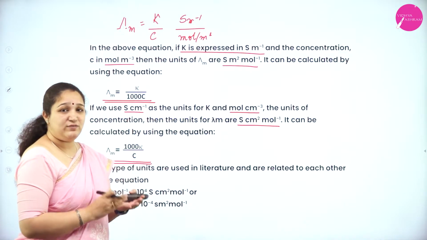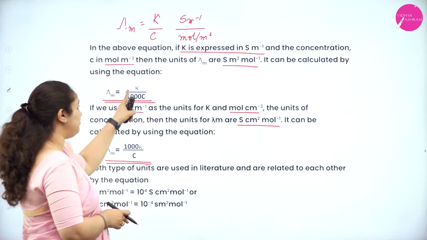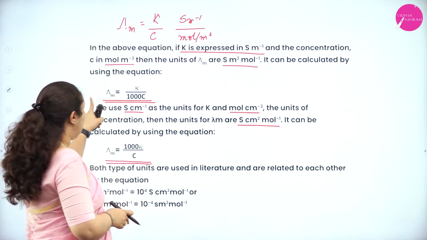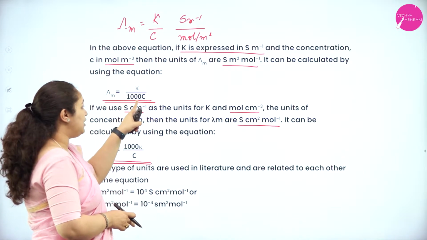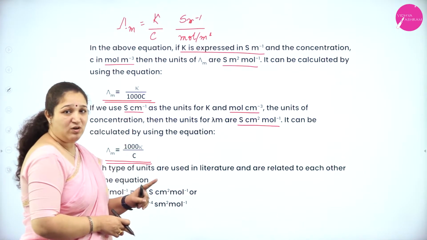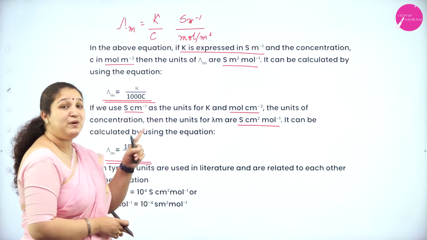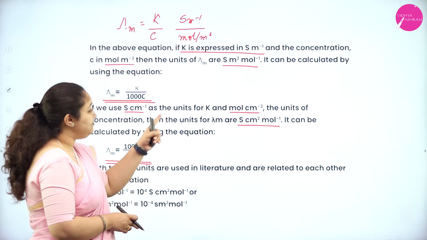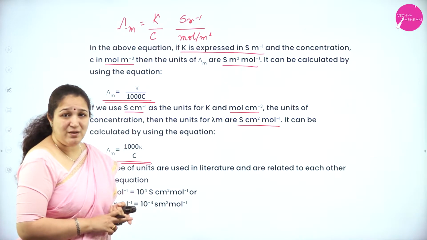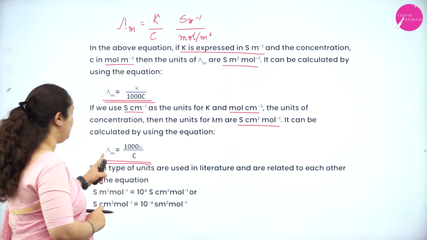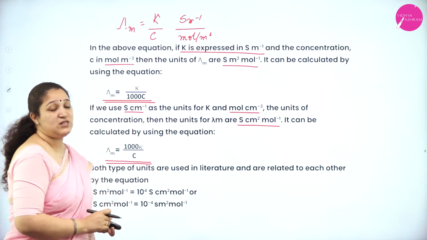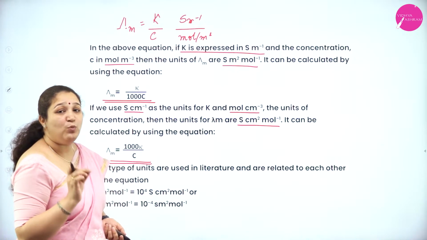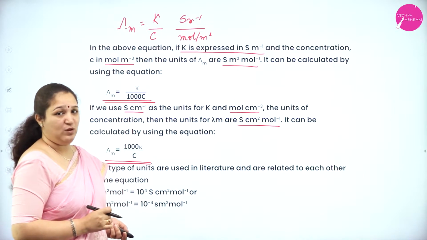If the conductivity is in Siemens per meter and concentration is mole per meter cube, then lambda m is equal to kappa by 1000 C. If the conductivity is in Siemens per centimeter and the concentration is in mole per cm cube, then you have to use the formula lambda m is equal to 1000 kappa by C for calculation of molar conductivity.